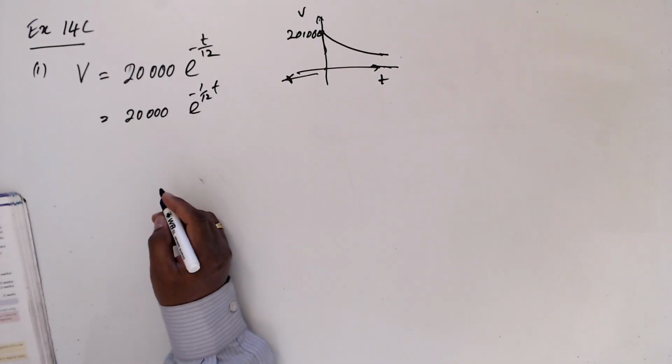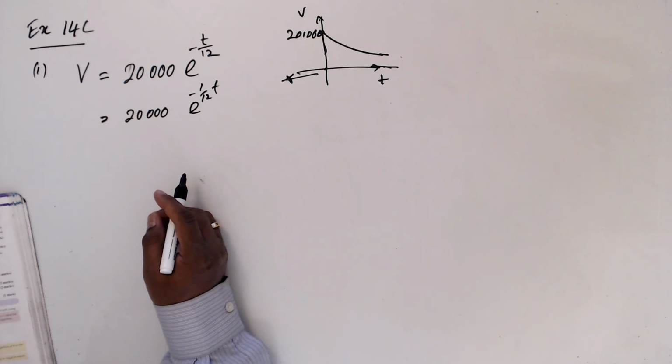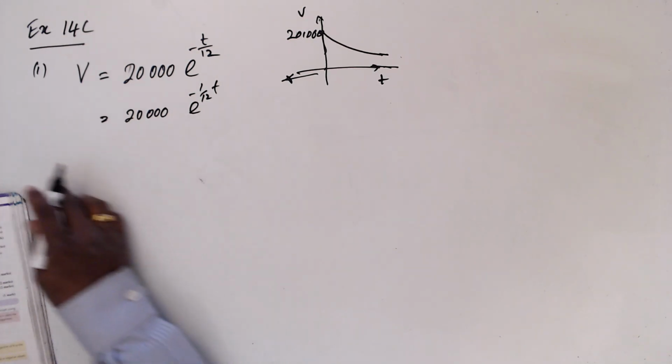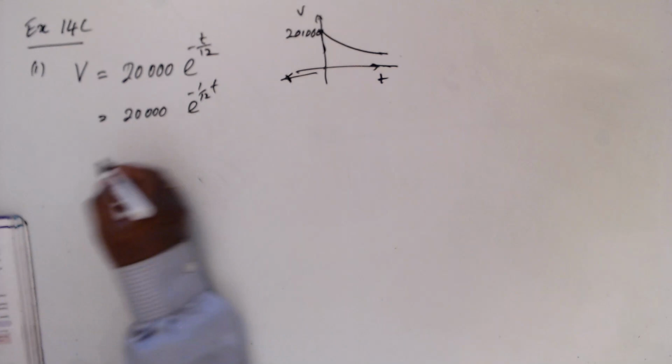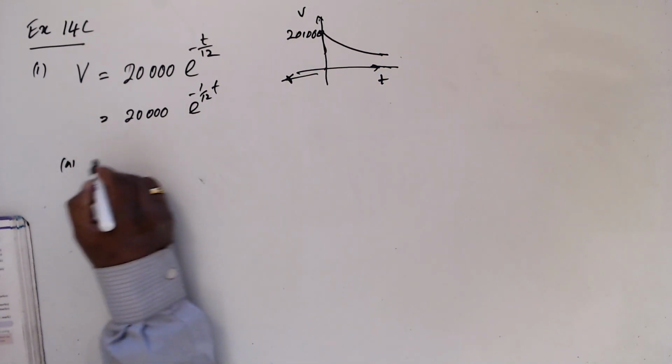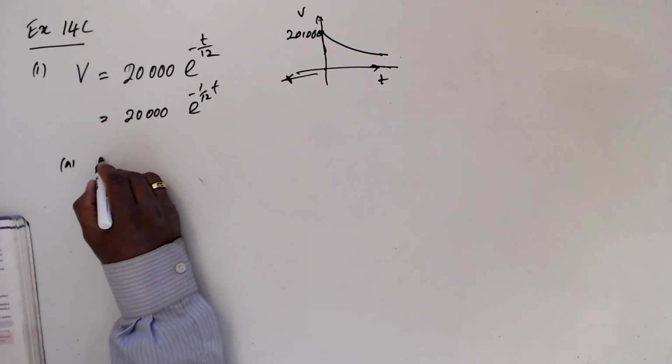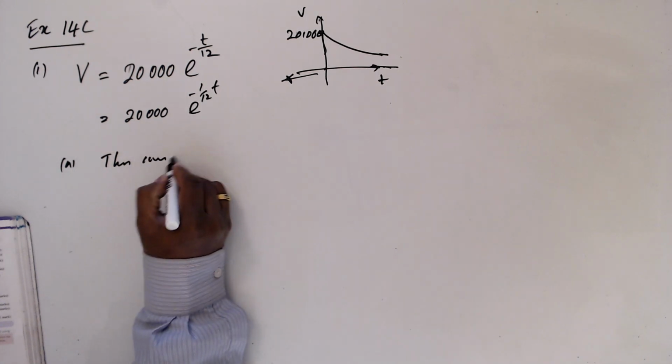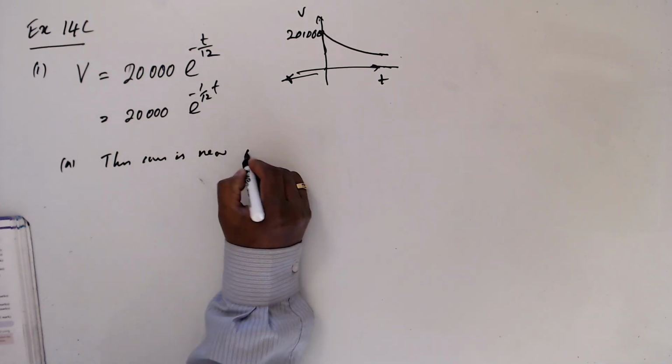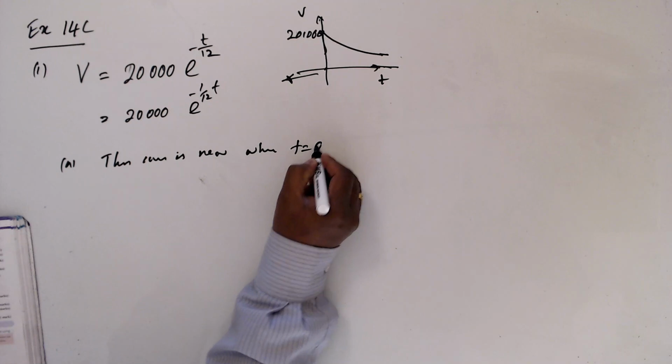Now, what is the first question? State its value when new. Okay, we work that out in part A. The car is new when t equals 0.